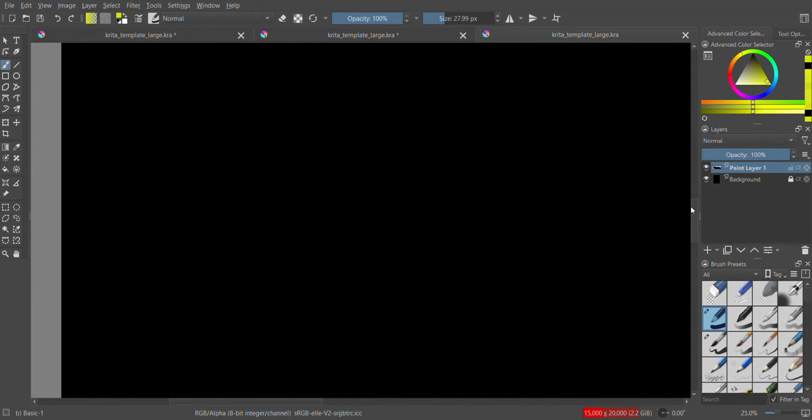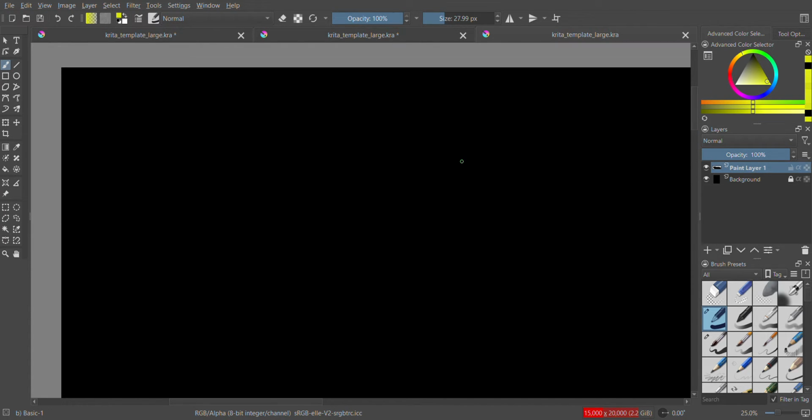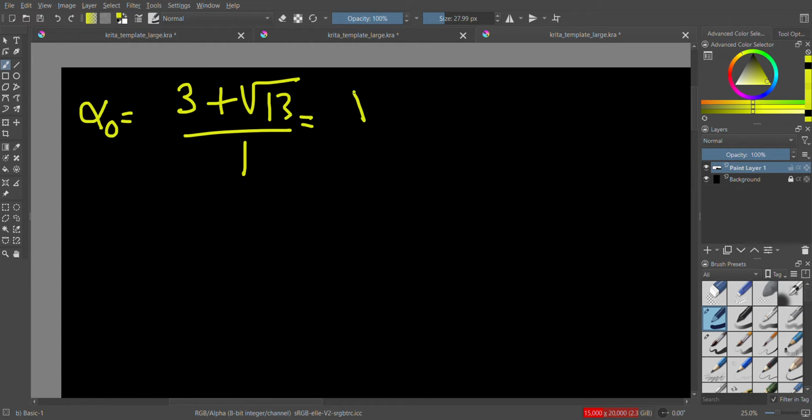Let's start over. Okay. We're going to start over with, and we're going to write it this way. Plus square root of 13 over 1. The template that we're going to follow is capital P sub 0 plus square root of D over Q sub 0.